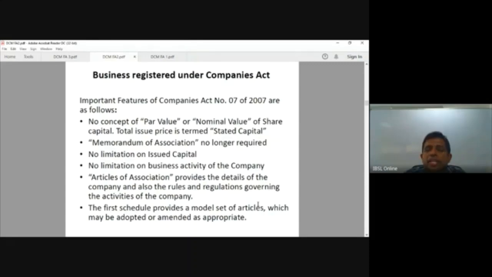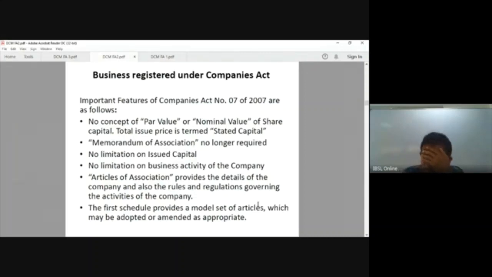Now, if I take an example, under the previous regime, that is the 1982 Company Act, if a bank defined that we are only doing banking, in that case they could not do insurance business, right? But if they defined that they are not only doing banking, they are also doing insurance under the memorandum of association, they could do that.